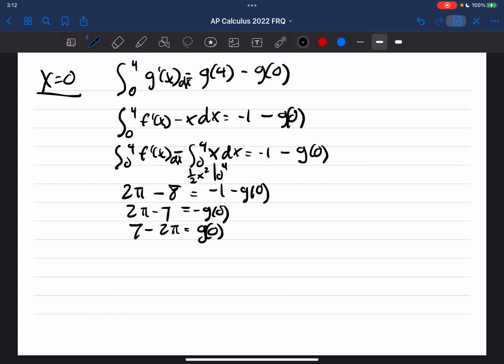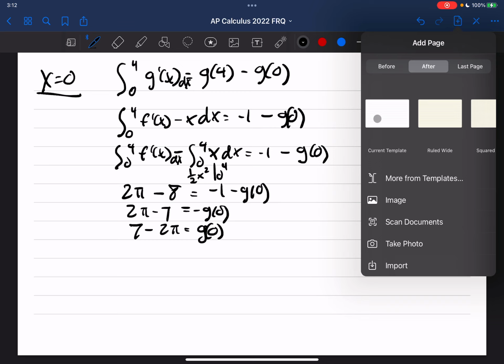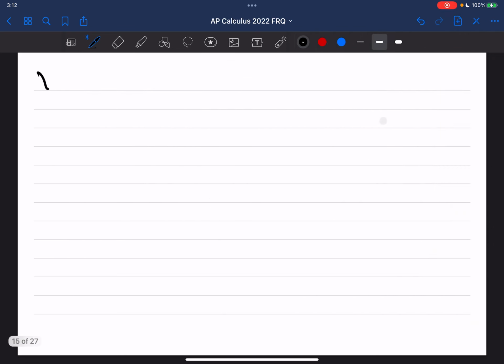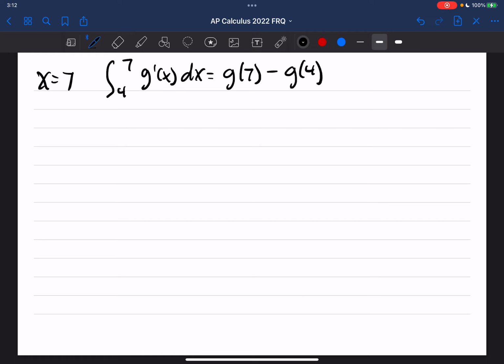So let's now find, similarly, for x equals 7. So we have the integral from 4 to 7 of g prime of x dx, which is g of 7 minus g of 4. So that's the integral from 4 to 7 of f prime of x dx.